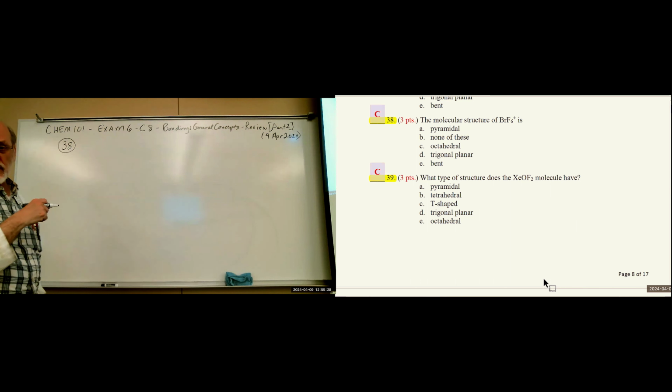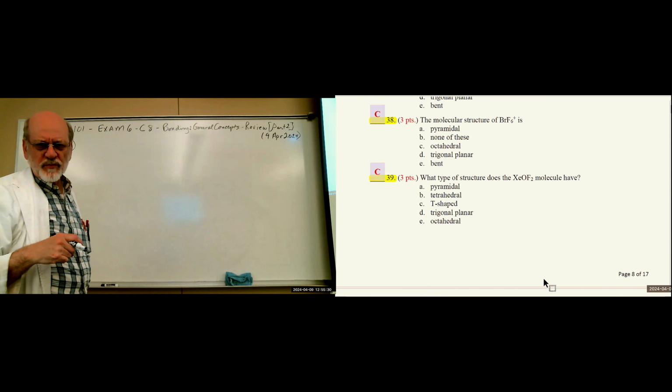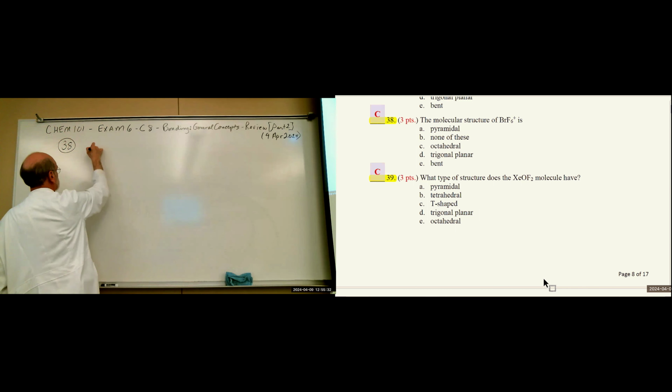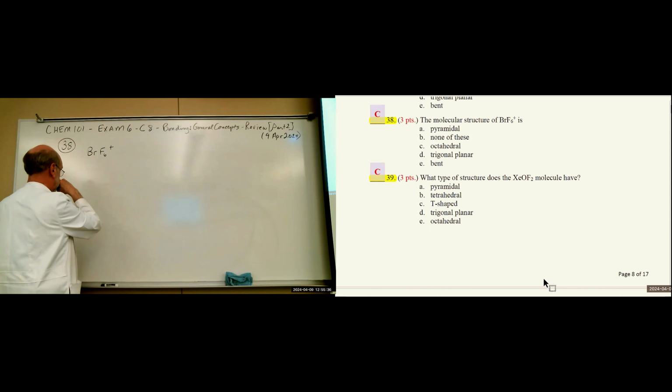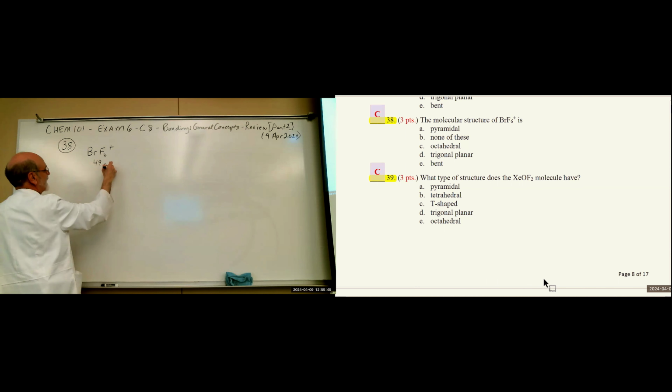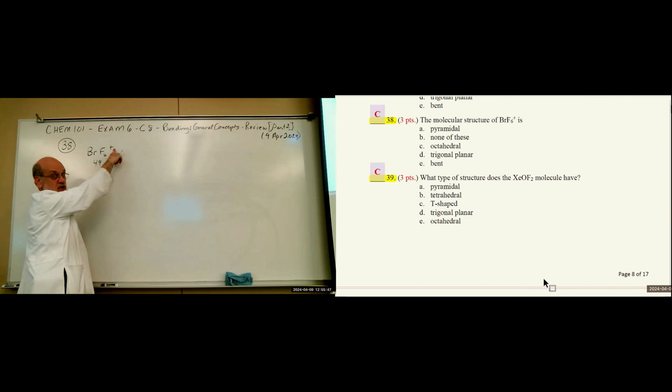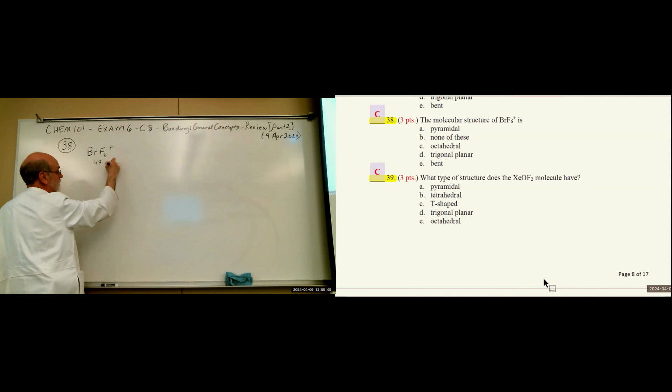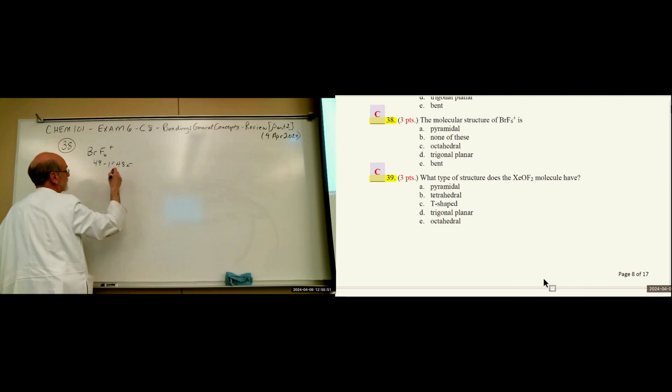And we're looking for the molecular structure of BrF6 plus. Okay. Well, they're both halogens. So it's 6 plus 1 is 7 times 7 is 49 minus 1 with a plus charge. Okay. So we got 48 electrons.